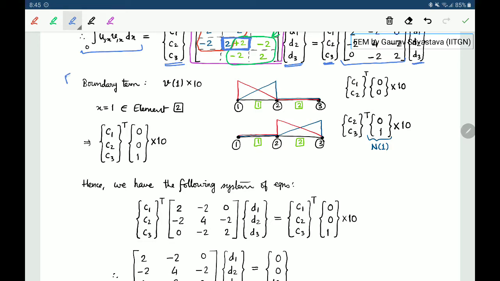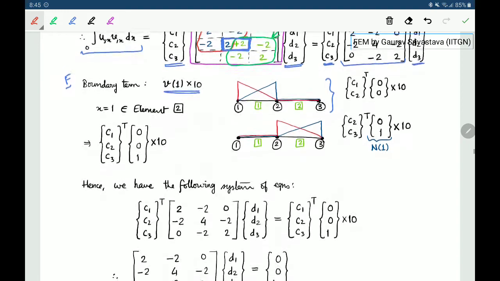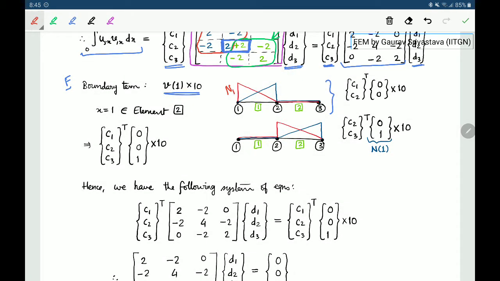Similarly, we have the force term, the F term, and you may recall that there was no body force, so L of x was 0, and hence we only had this v at 1 times 10 as the F vector. Now if you look at the first element here, n1 of the first element and n2 of the first element are both 0 at the third point, which is x equal to 1, which is where we want the value of v at 1.